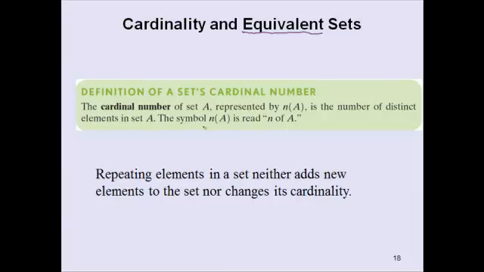The symbol n of A is read, just like I've been reading it, n of A, okay? Hopefully this makes sense, because n is the number of elements in the set. So n just basically stands for number. Note, repeating elements in a set neither adds new elements to the set nor changes its cardinality.